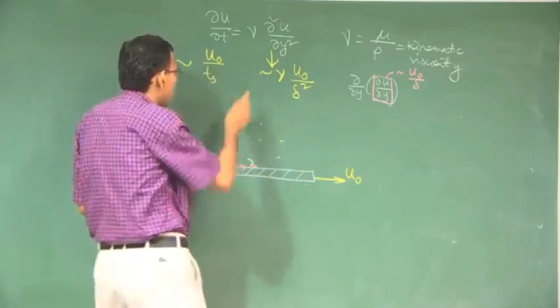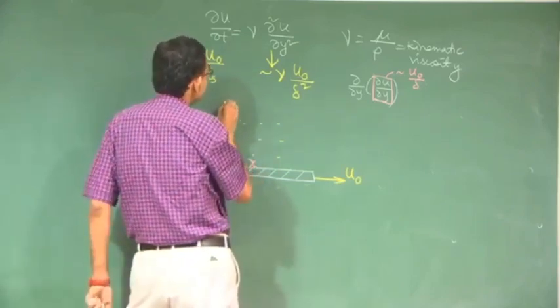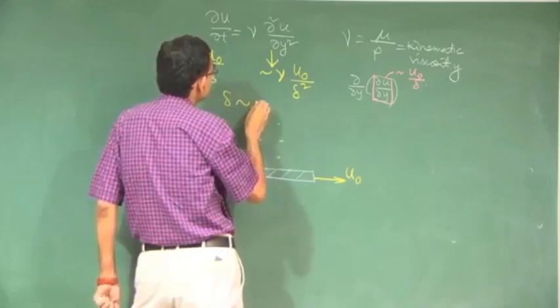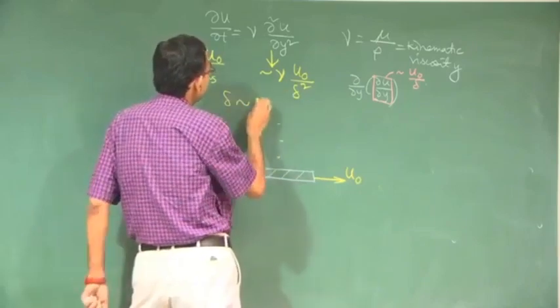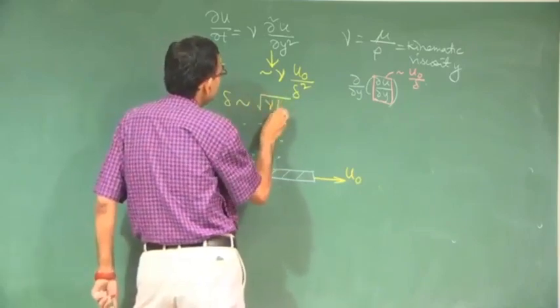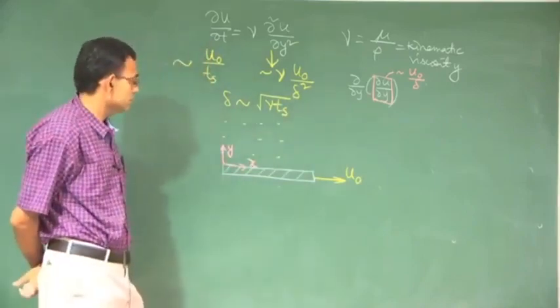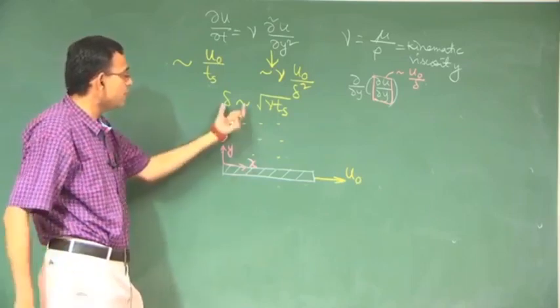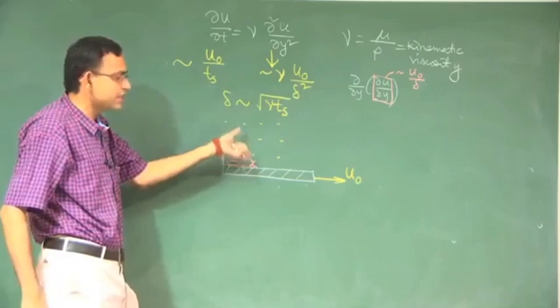So, if you equate the order of these two, then you can write delta is of the order of square root of nu into Ts. So, at a time Ts, you get a feel of what is the order of magnitude of the penetration layer.